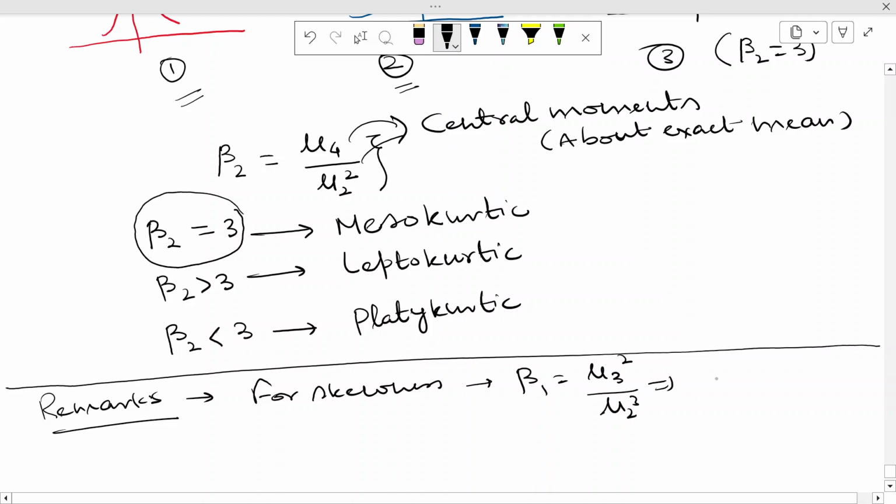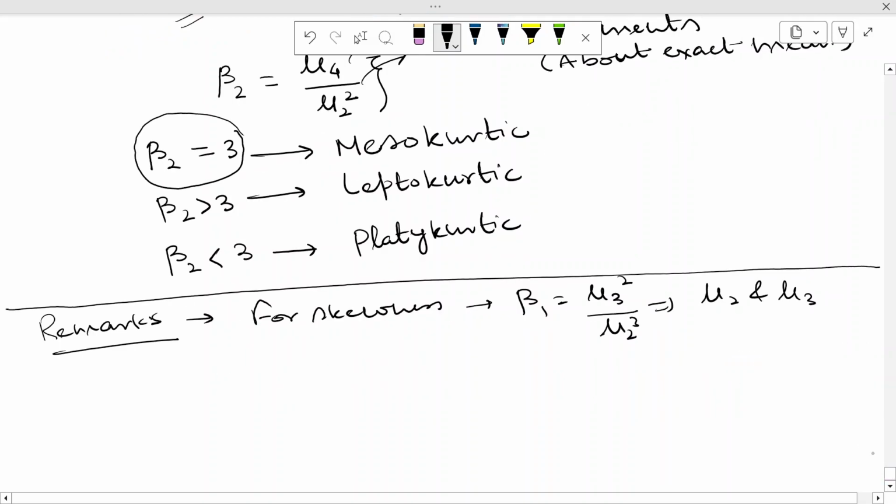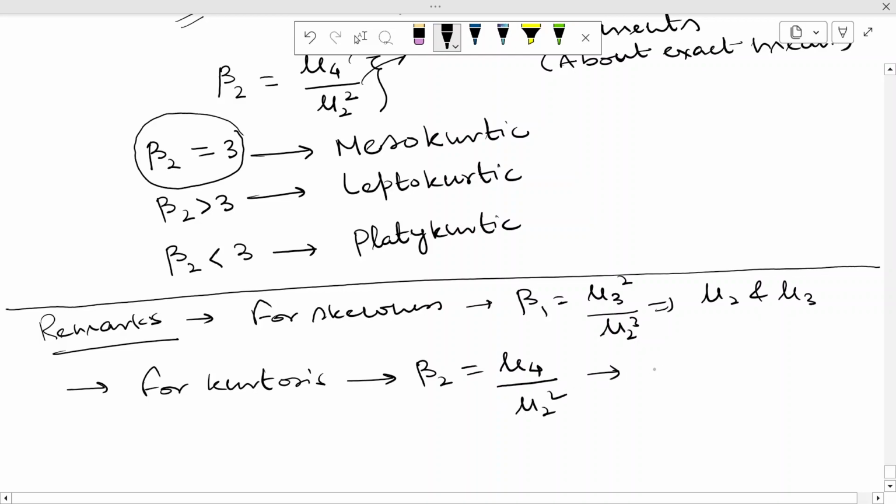So this implies that we need only mu2 and mu3. If you are looking for the kurtosis of the given data, then we have to calculate beta 2, which is defined as mu4 over mu2 square, and for this of course we have to calculate mu4 and mu2.